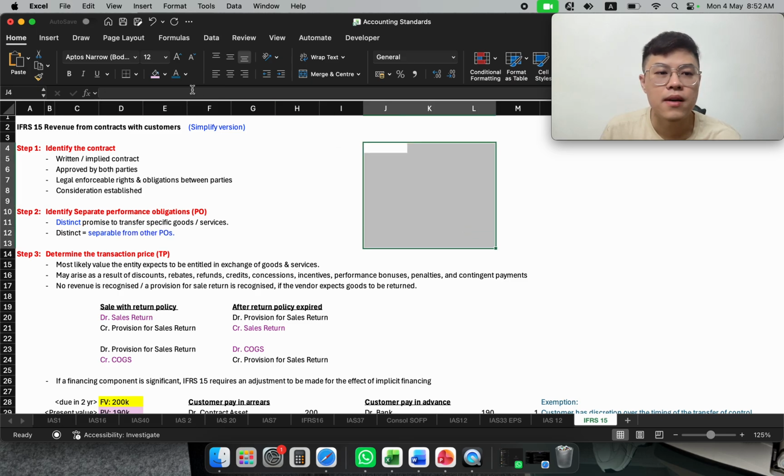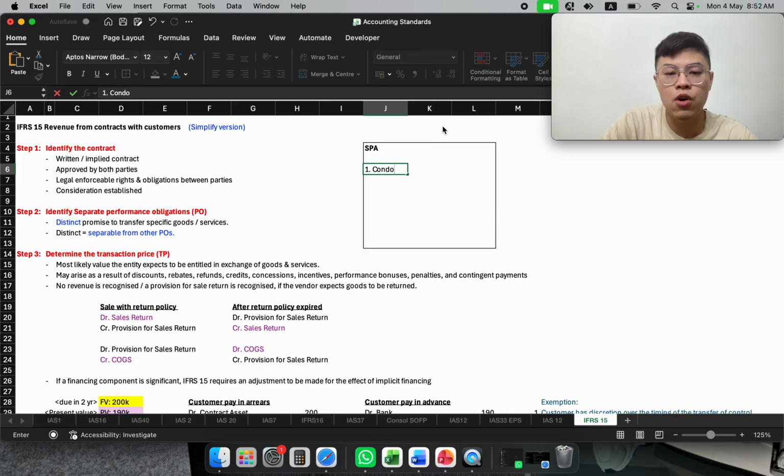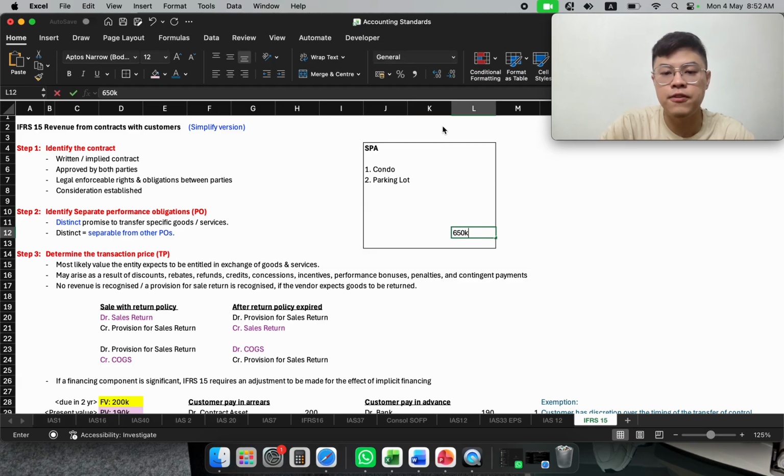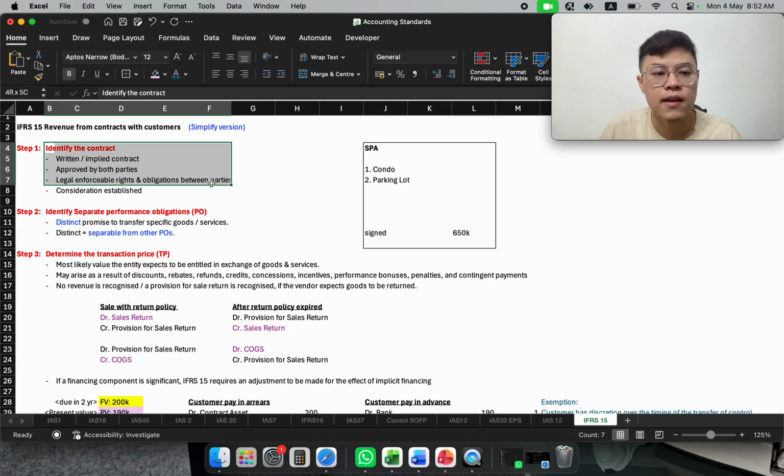For example, if you are able to identify a contract, and this contract is a sales and purchase agreement for buying a condominium. If I tell you item number 1, condominium, item number 2, a parking lot, and the total price will be 650k. You sign on it, therefore it is a valid contract.